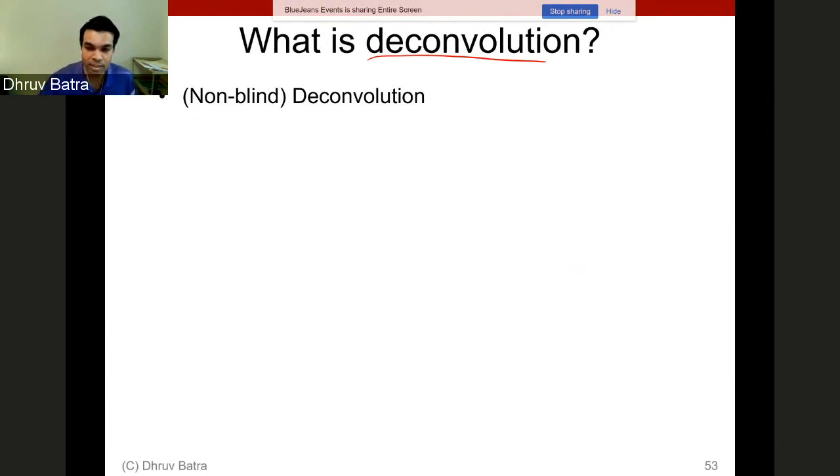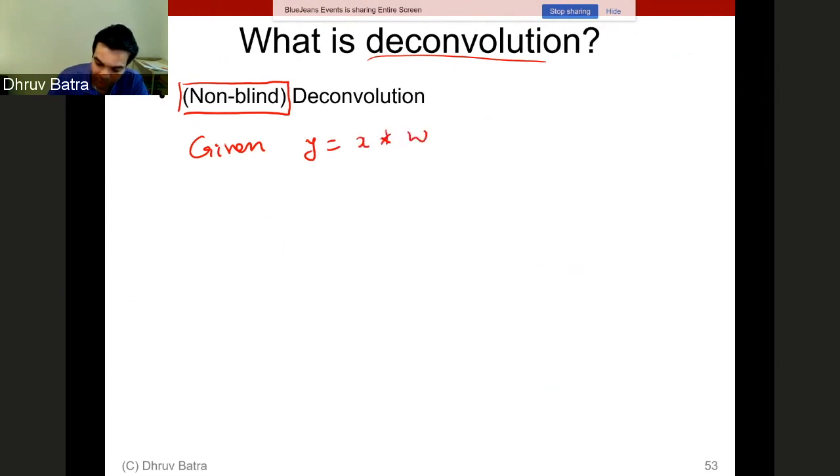So formally, deconvolution, or more specifically, non-blind deconvolution, is given y, which is the output of x convolved with w, and w find x. This is the formal definition of the problem of deconvolution.